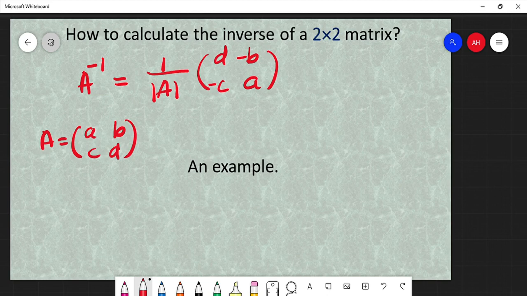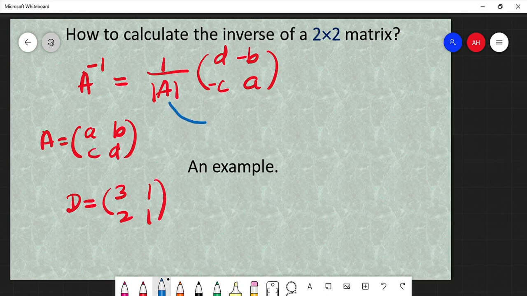Maybe we can give an example of finding an inverse of a matrix. Suppose we have matrix D equal to 3 and 1 in the first row, 2 and 1 in the second row.